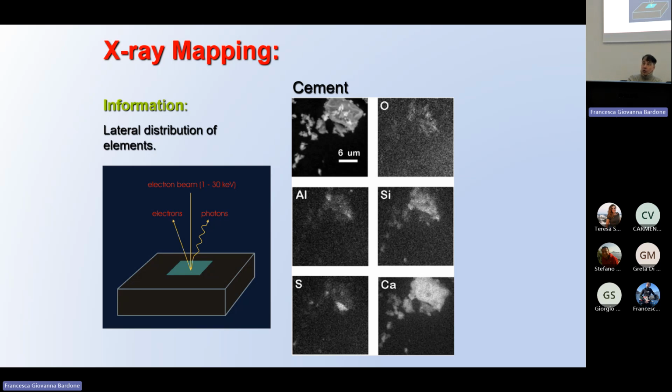It is not as good as that from the secondary electrons, for the physical principle of production, which I will show you later. So the X-rays come from the bulk, from inside, but the morphology is only from the secondary electrons.